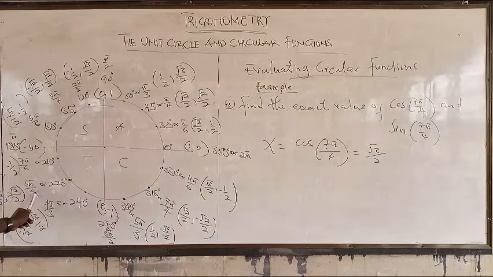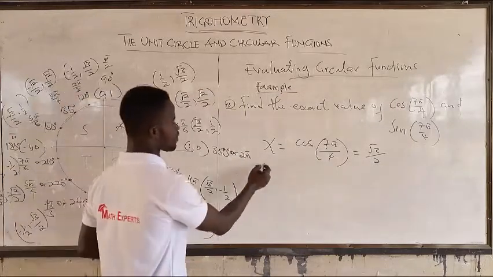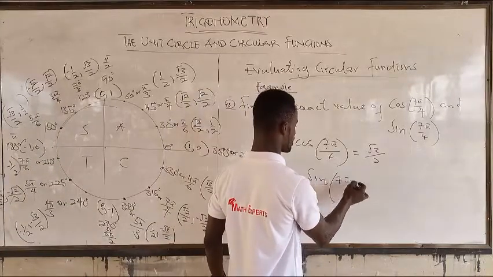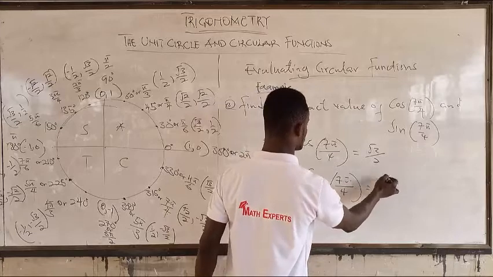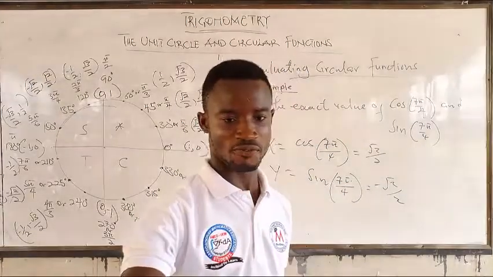Once you know this, you should be able to relate to this. And for sine, which is y, sine 7 pi over 4 is going to be negative square root of 2 over 2. So that is what we have for that.